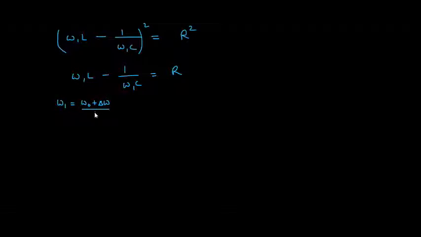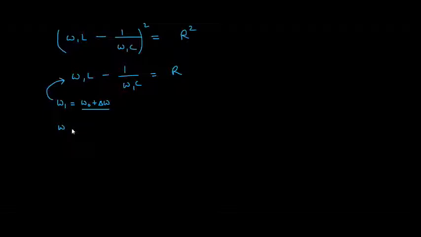Now we'll put omega 1 as omega naught plus delta omega in this equation. Wherever we see omega 1, we'll put omega naught plus delta omega, because omega 1's value is omega naught plus delta omega.